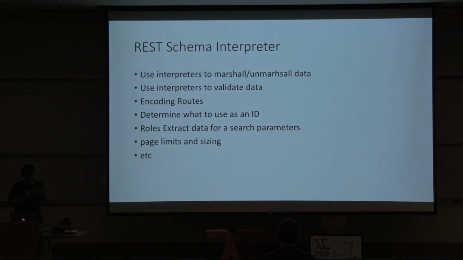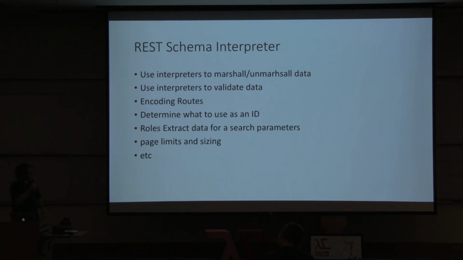Okay, so the REST schema interpreters, I think if you're a company, then you would provide a small number of interpreters as infrastructure, and they would provide these mechanisms. So they use interpreters to marshal and unmarshal data, to validate data. They're responsible for encoding the routes, which we'll see.